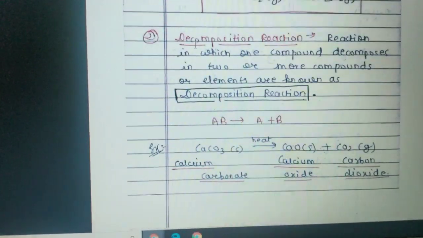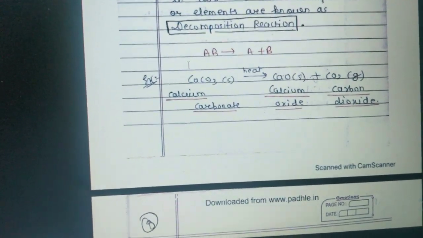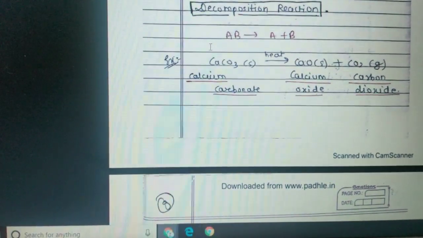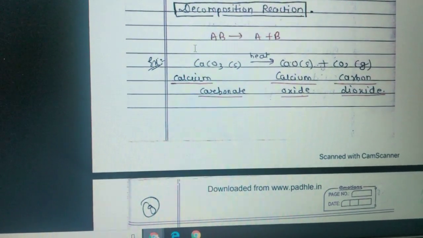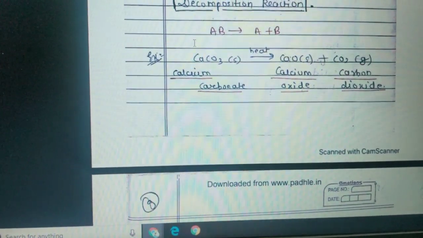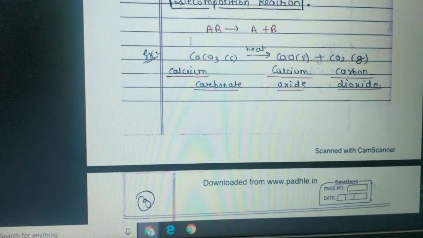It breaks the complex into easy. For example, CaCO3, which is in a solid form, heats and gives CaO plus CO2, which is in a gaseous form.